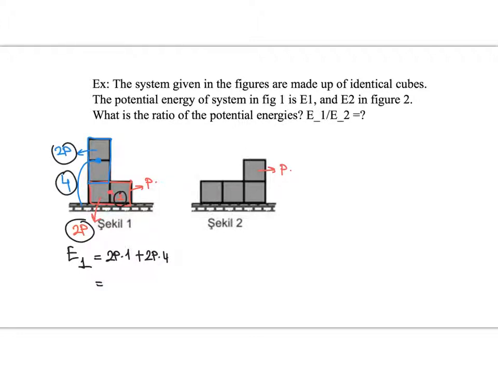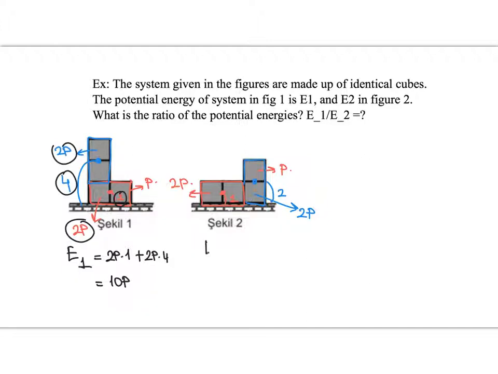So the total potential energy for the first figure is equal to 2P times 1 plus 2P times 4, which is equal to 10P. For the second one, take these two cubes, center of mass here with a distance of 1 with a weight of 2P, and these two cubes have the center of mass here with a distance of 2, and in total a weight of 2P.